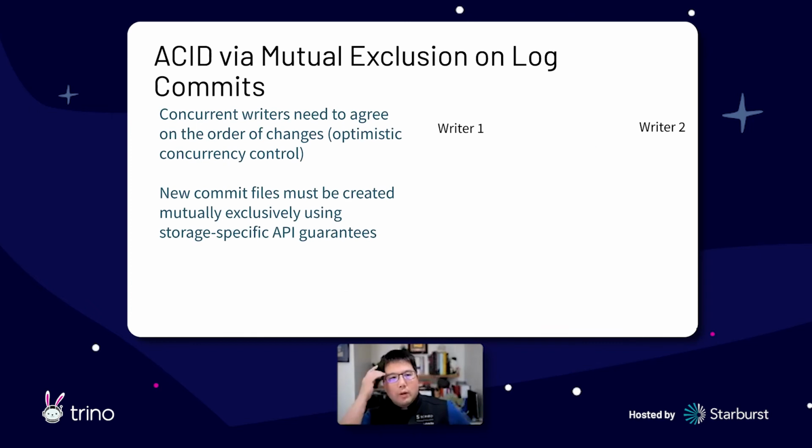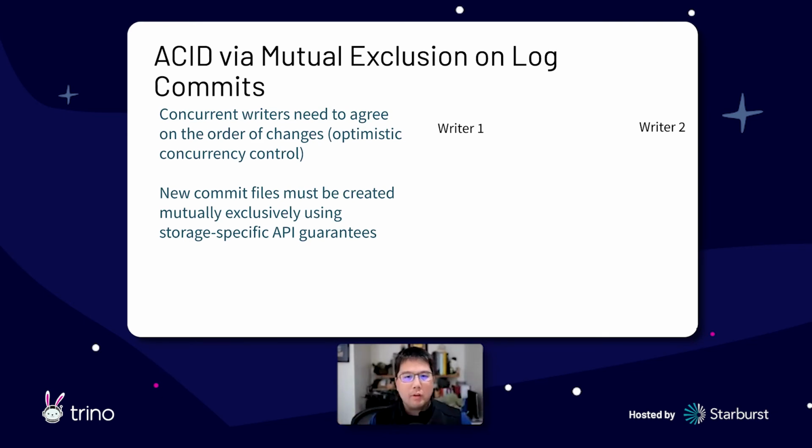When we talk about ACID transactions via mutual exclusion on those log commits, the concurrent writers have to agree on the order of changes. So we follow optimistic concurrency control. If you're able to write to your Delta Lake, for the sake of argument, to different partitions of data, so one is doing an update to partition 0 while one is doing an insert to partition 2, that's fine.